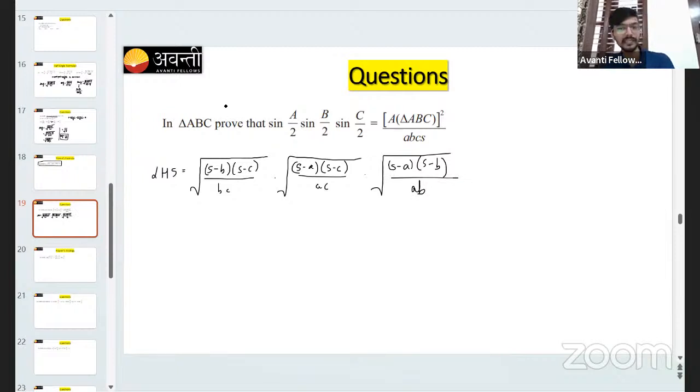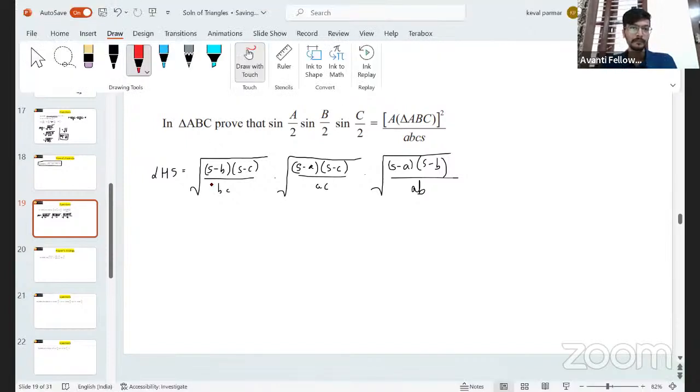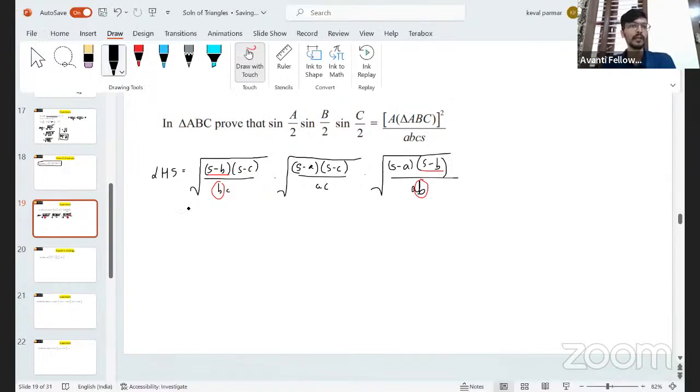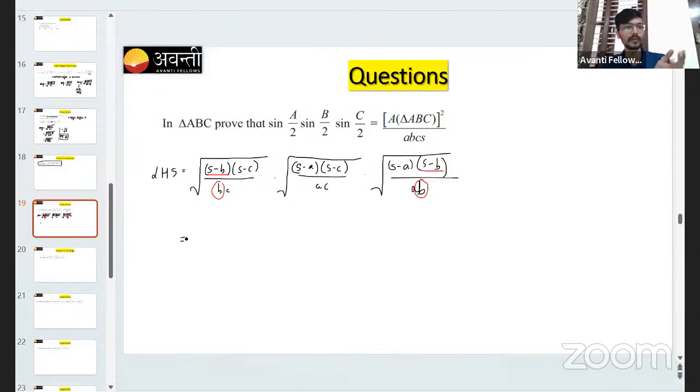Now if you see all the terms are getting squared. कहने का मतलब ये b देखो, b and b दो बार आ रहा है तो b स्क्वायर हो गया. सिमिलरली ऊपर s minus b दो बार आया, s minus b द होल स्क्वायर हो गया. एंड सेम सबके साथ हो रहा है, s minus c भी दो बार है, s minus a भी दो बार है. तो बेसिकली सब स्क्वायर स्क्वायर स्क्वायर हो जाएंगे.